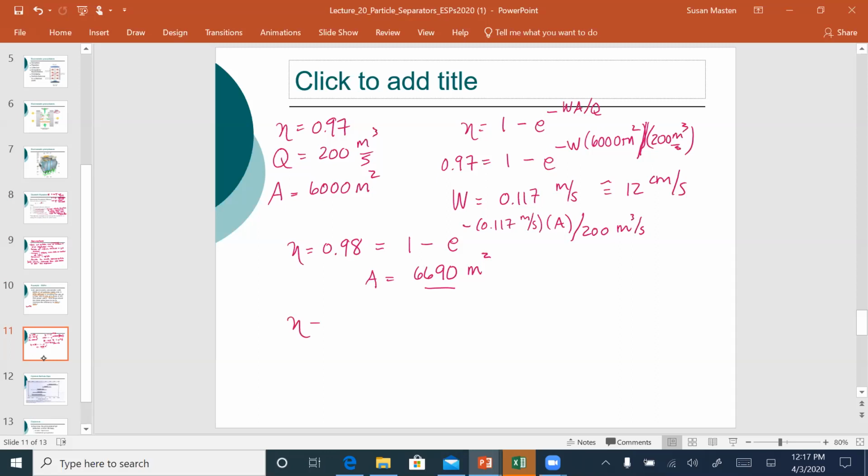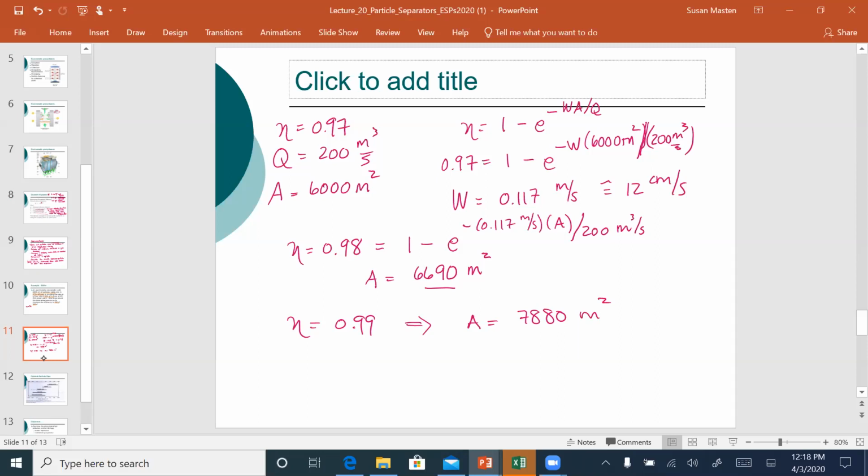If we want 99% removal, then it's the same equation. Now we're solving for the area for 99% removal, and that is about 7,900 square meters.